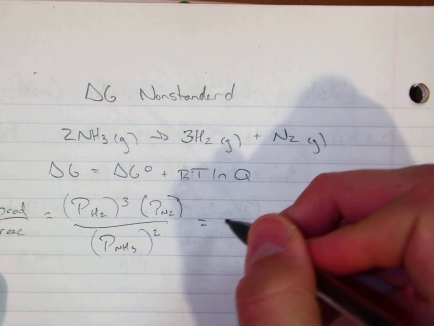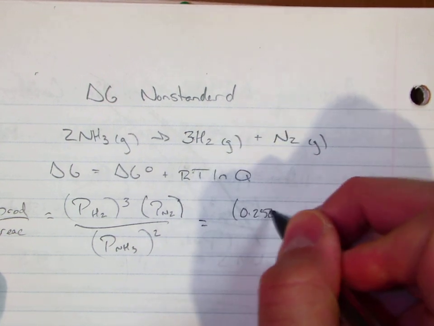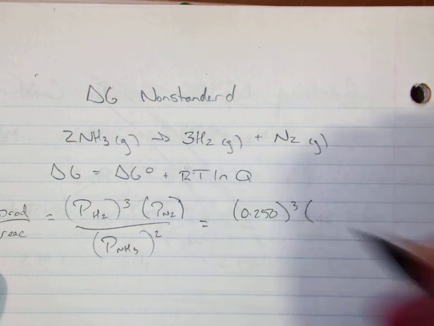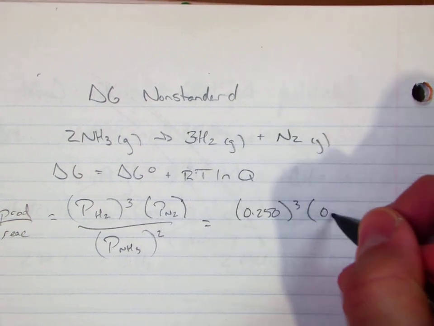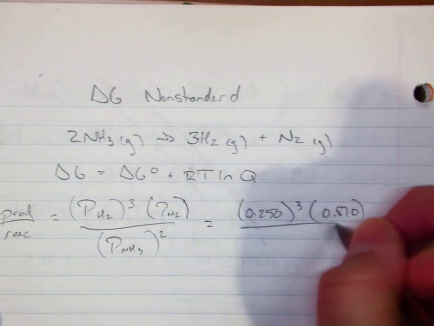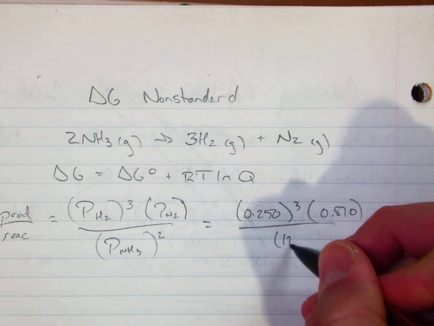Looking at the slide, my partial pressure of hydrogen is 0.250 cubed. All of these would have units of atmospheres. My pressure of nitrogen is 0.870, and my partial pressure of ammonia is 12.9.